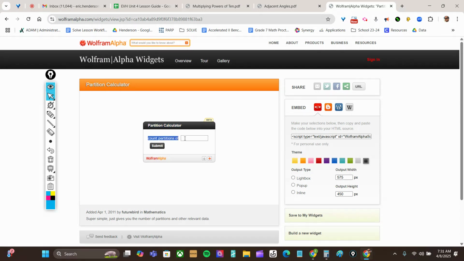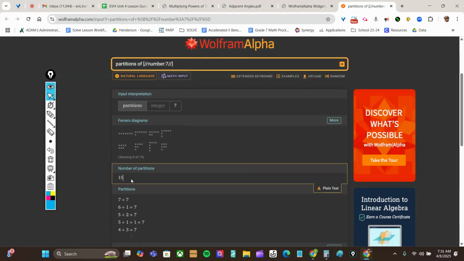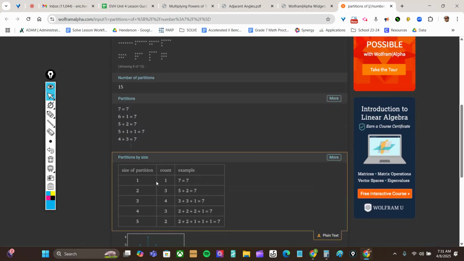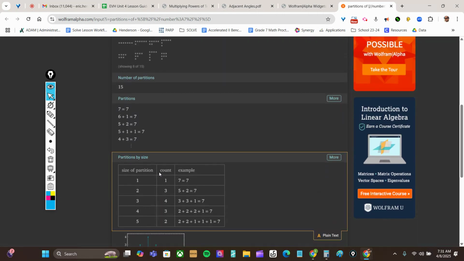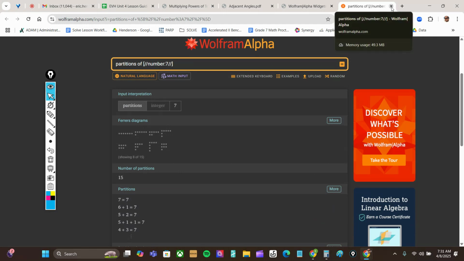Count partitions of, let's say, 7. Then it says number of partitions 15, and it even lists some of the ways. It's not a complete list, but it tells you there's 15 total, and it gives you some other information. So that would be one way to check your answer.